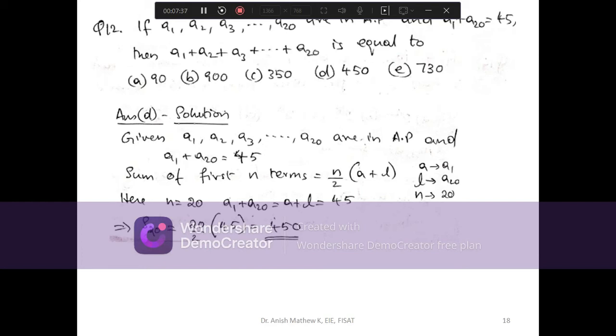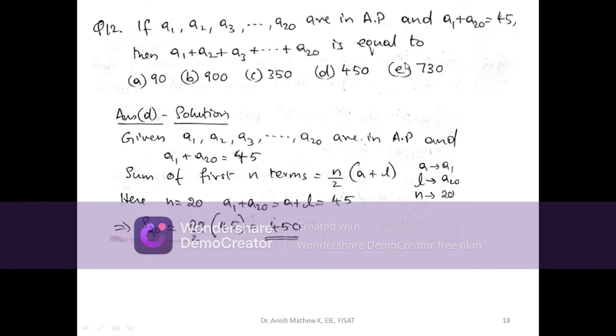If A1, A2, A3, etc., A20 are in arithmetic progression and A1 plus A20 equal to 45, then the sum of the terms A1 plus A2 plus A3 plus etc. up to A20 is equal to.